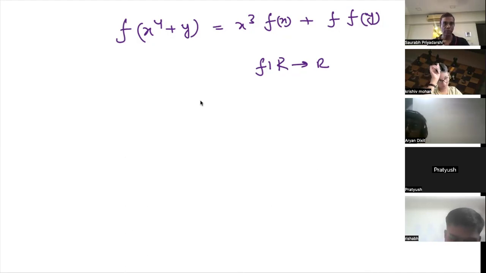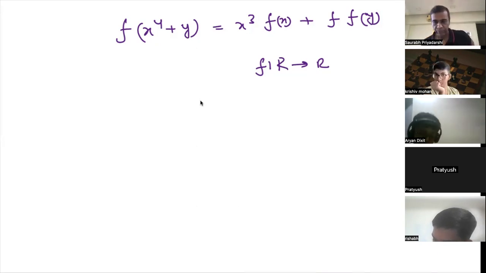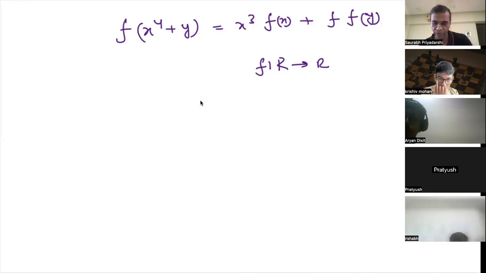From what portion of mathematics am I able to transport this thing? Very good. Good observation. Very good, Pratyush. F of f(y), yes. The second one is f of f(y).